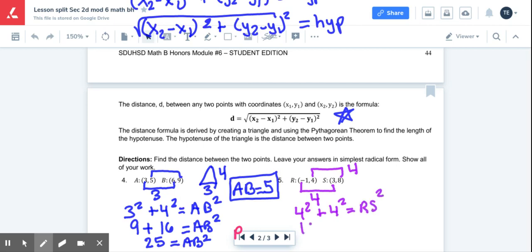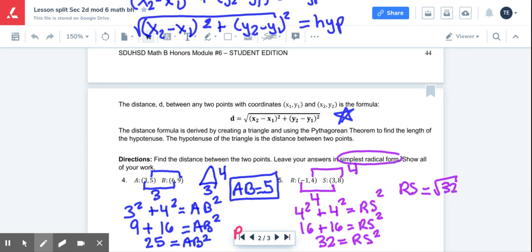So I get 16 plus 16 equals RS squared. So I get 32 equals RS squared. So then I know that RS is equal to the square root of 32. And then it said in simplest radical form. So I know that 32 is 16 times 2. So I'm going to get 4 square roots of 2.